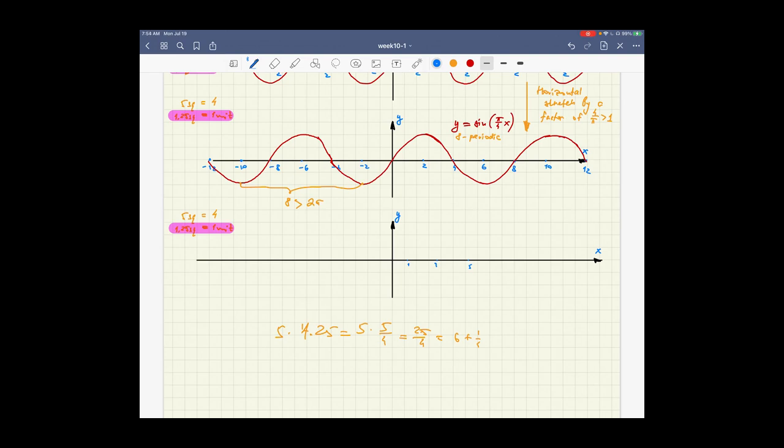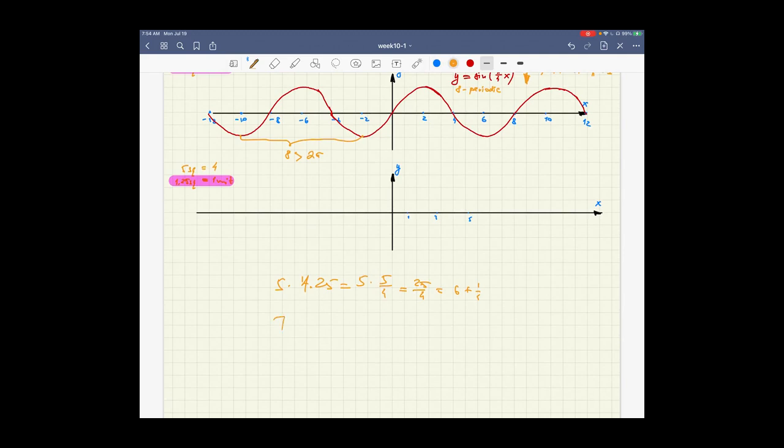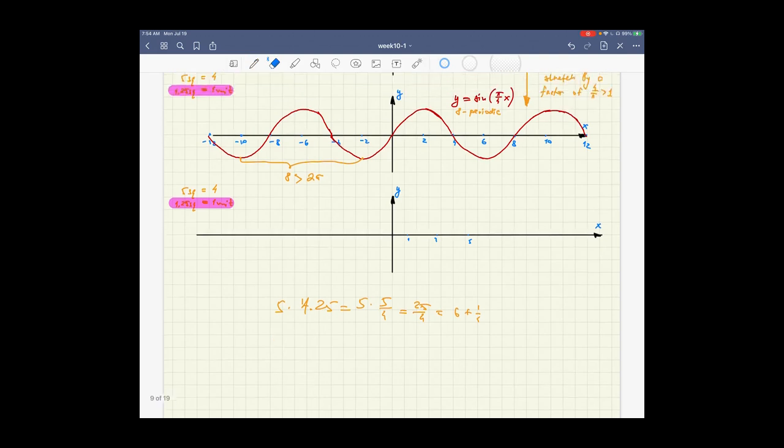Then where will 7 be? Well, 7 is only 2 units more than 5. It's easier to compute, actually. 7 times 5 over 4. That's 35 over 4. That's 8 plus 3 quarters.